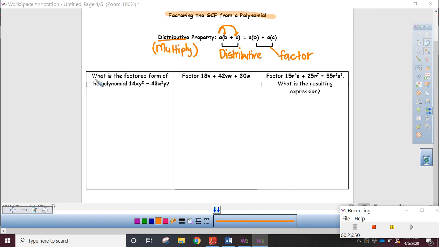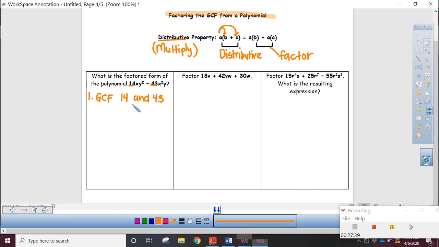It says, what is the factored form of the polynomial 14xy^2 minus 43x^3y? So we want to start with step 1. Step 1 is to find the GCF of the numbers, which is 14 and 43. So the GCF of 14 and 43. Again, we're trying to figure out what these two numbers have in common.